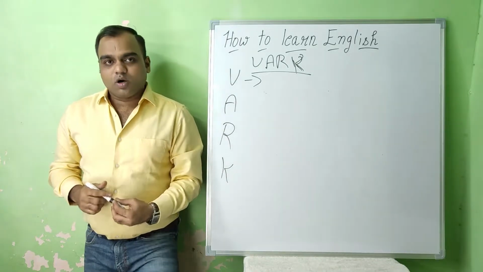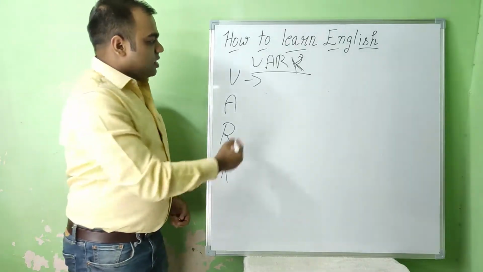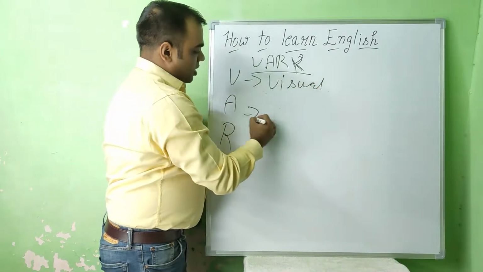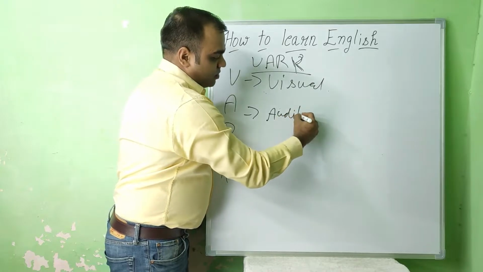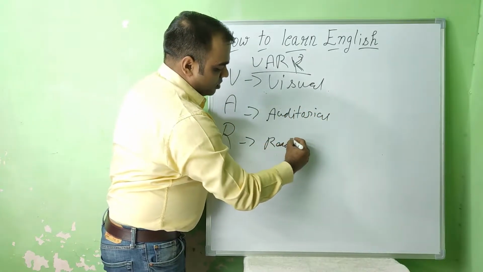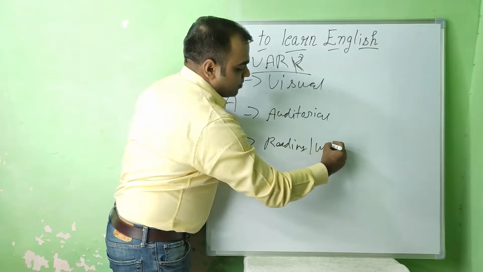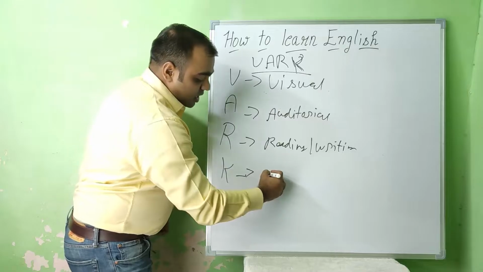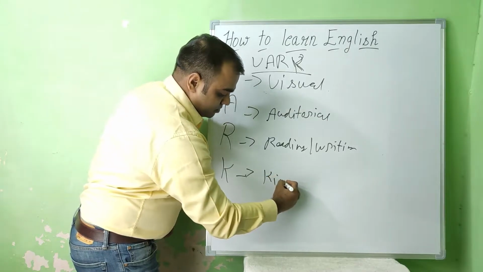If you look into the VARK concept, everything is described in this. V stands for visual learning, A stands for auditorial learning, R stands for reading or writing, and K stands for kinesthetic learning.